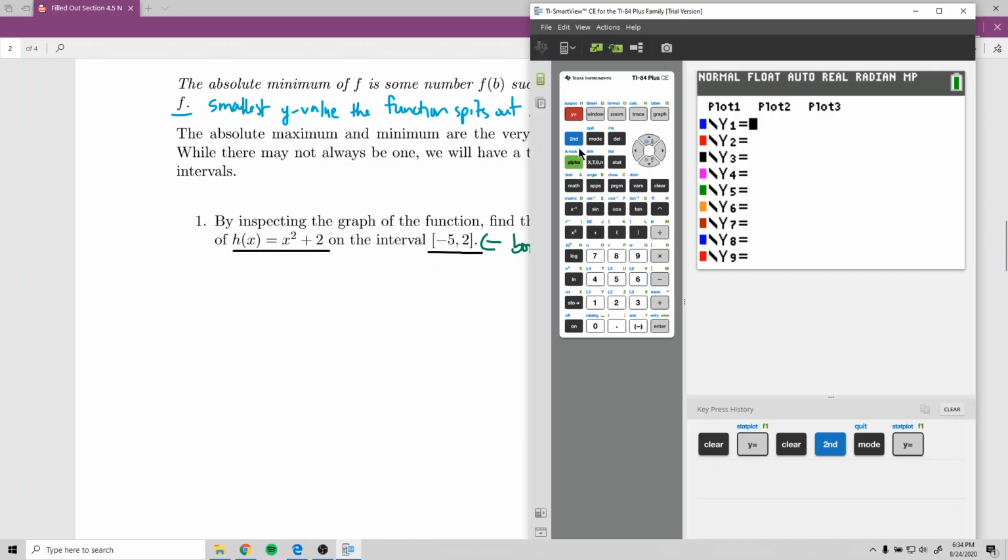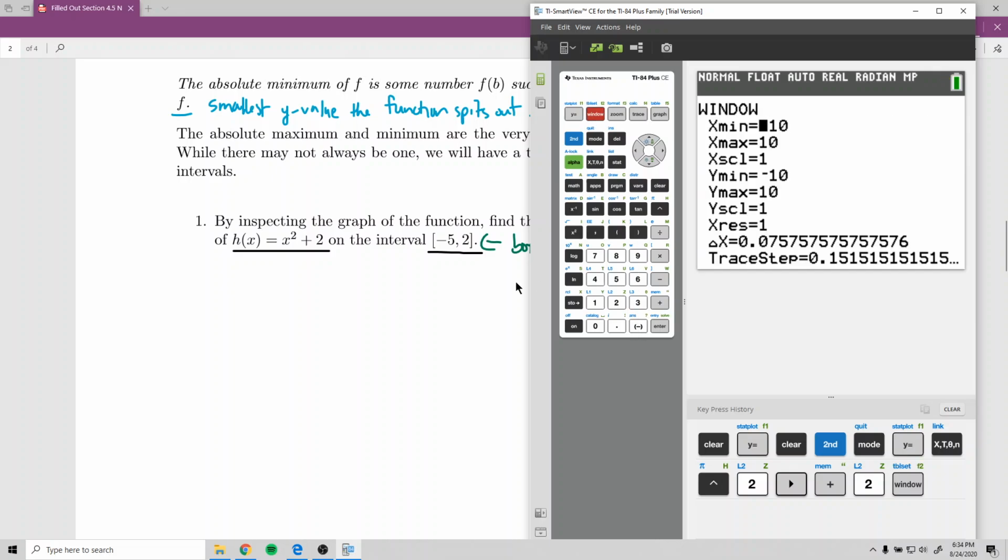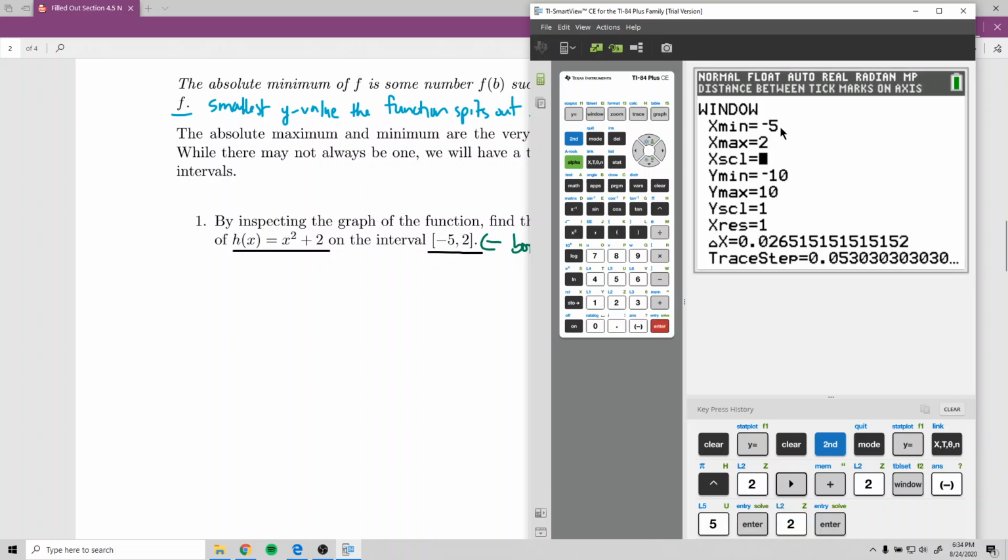Okay, so y equals x squared plus 2 is the graph we're looking at. Now the window, the x values are only ranging from -5 to 2. So the reason I'm going to make them exactly that and not a little bit bigger is I don't want to look at anything outside of it. So just -5 to 2.